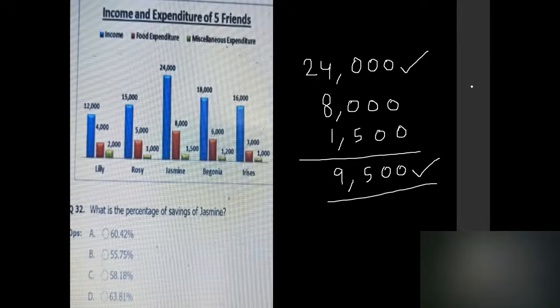Yeah, 14,500. Okay, 14,500 are the savings.